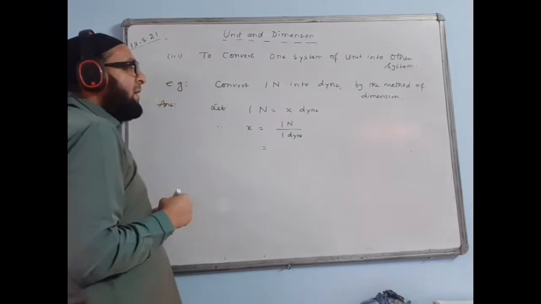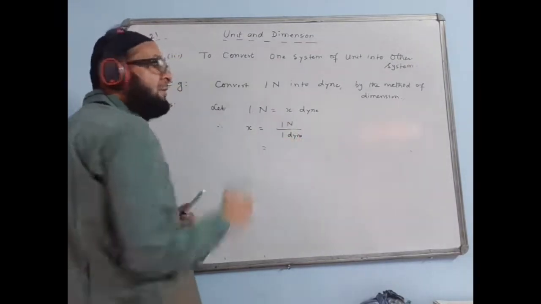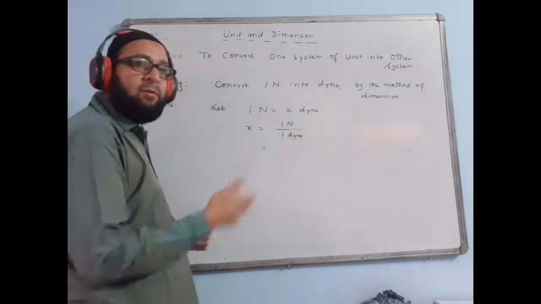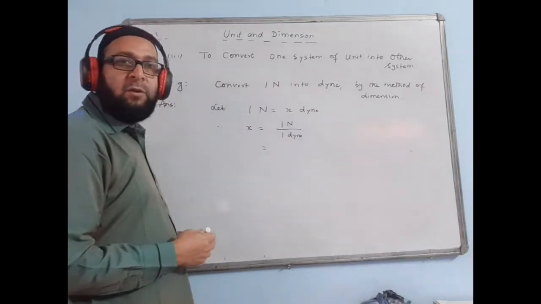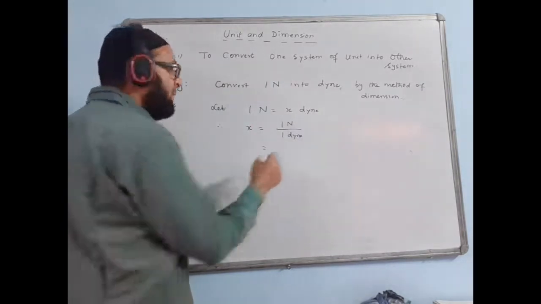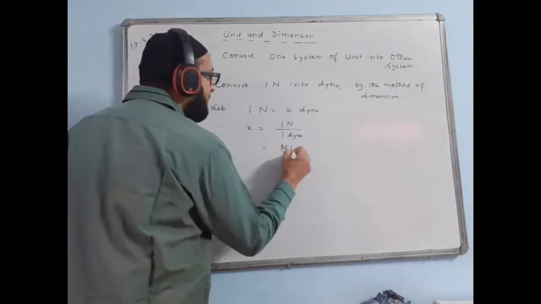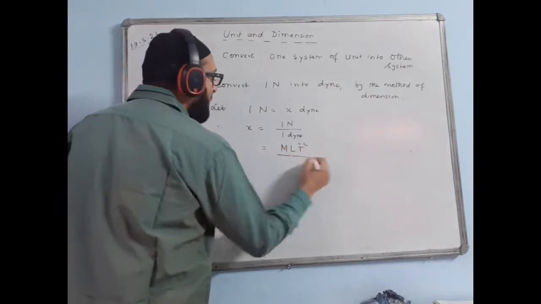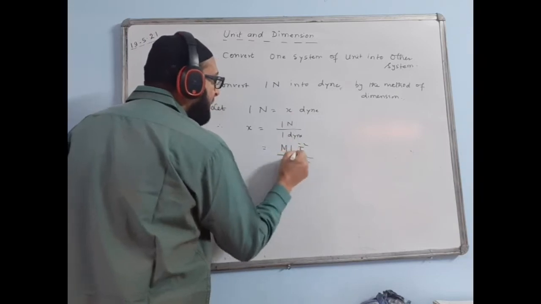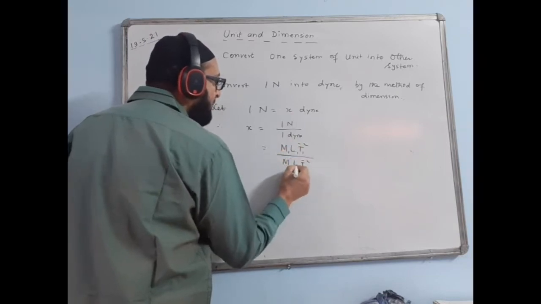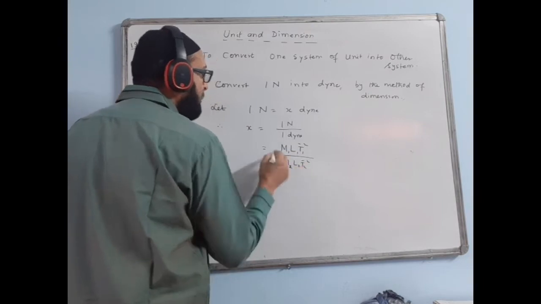We write the dimension of Newton and the dimension of time. They have to be the same type of quantity. What is the dimension of Newton? Newton is force. The dimension of force would be M L T to the power minus 2. Here also I write M L T to the power minus 2. But this is one system, right? Here M1, L1, T1, and here M2, L2, T2.